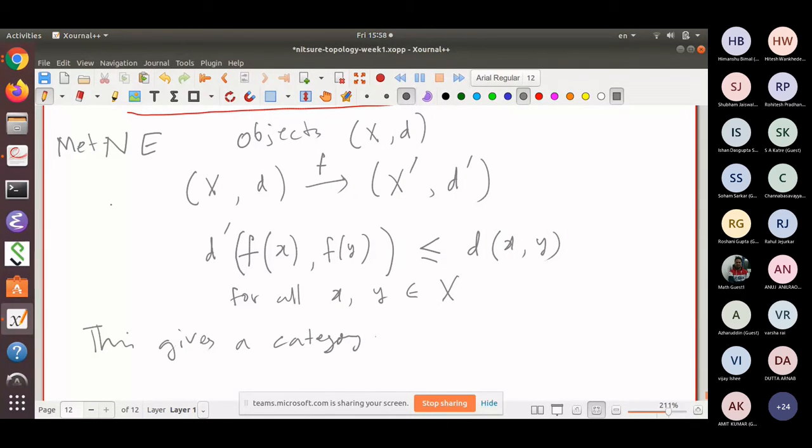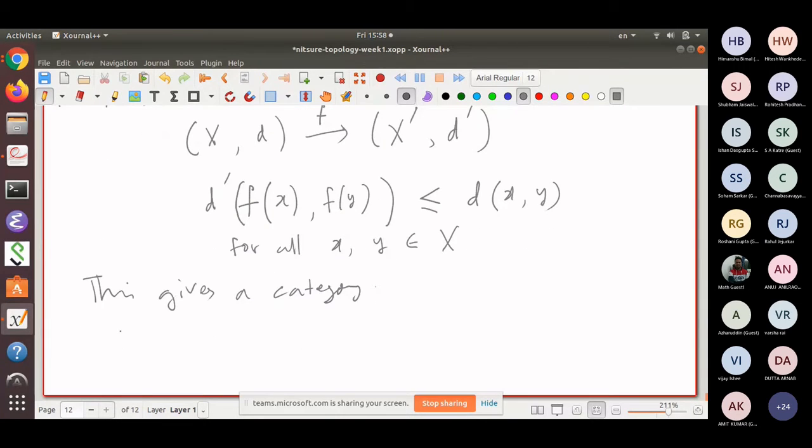So you see, your example was very nice. You talked about a constant map, and therefore that inspires me to make the next statement in a very motivated manner. Met non-expanding has a final object.